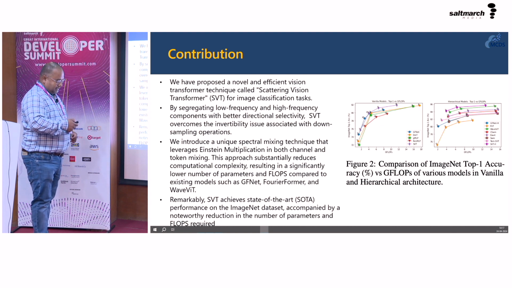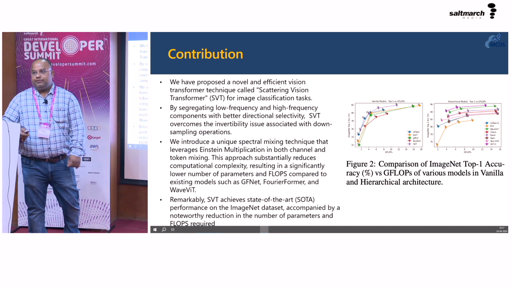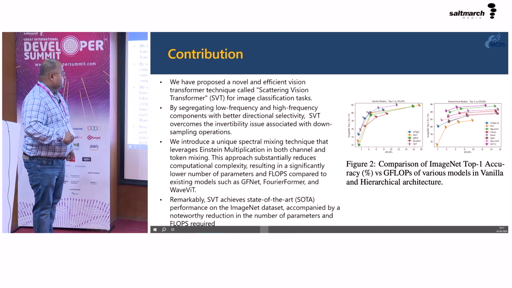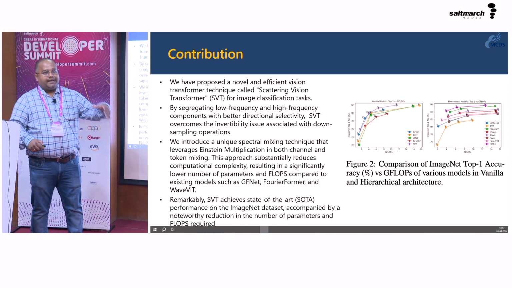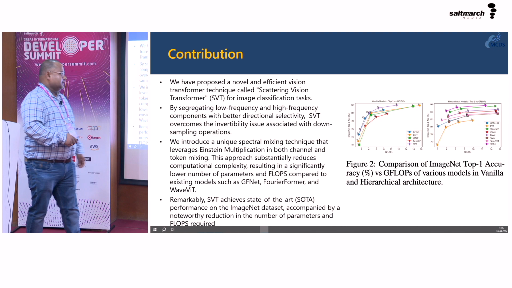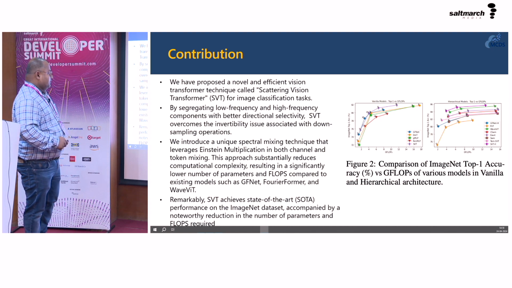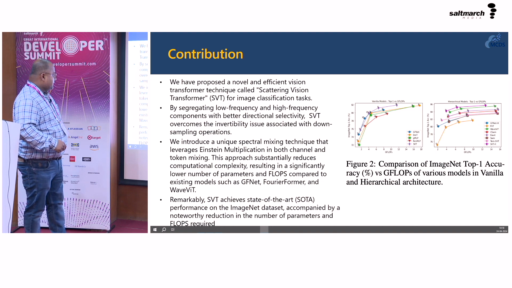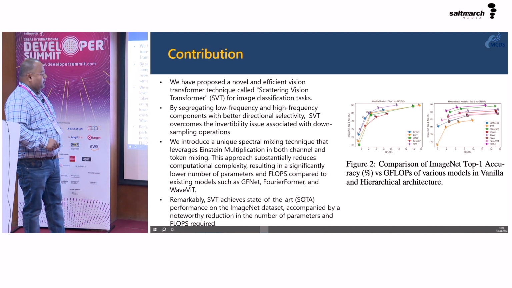So this architecture tries to study the low frequency and the high frequency components. Finally, they use the Einstein matrix multiplication both in the channel direction and the token direction to get better performance. They have compared with recent transformer networks like Fourier, Foreman, WAD, and others.